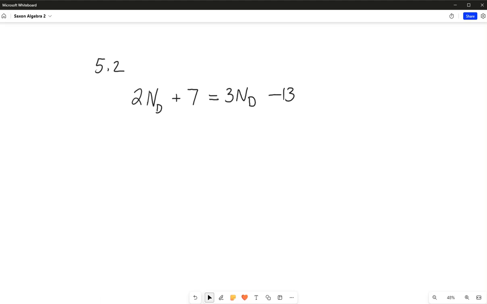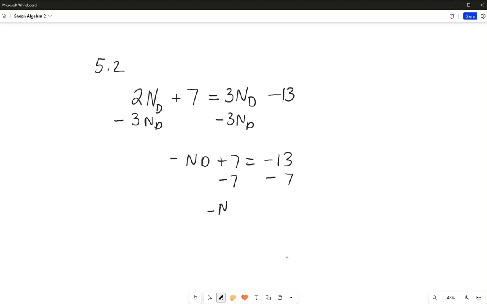Okay, so all we have to do is use our order of solving equations. So I'm going to move all the variables to one side. So I'm going to subtract ND from both sides. That gives me negative ND plus 7 equals negative 13. And then I'm going to subtract my constants from both sides.